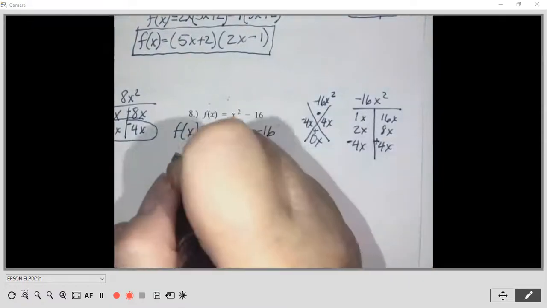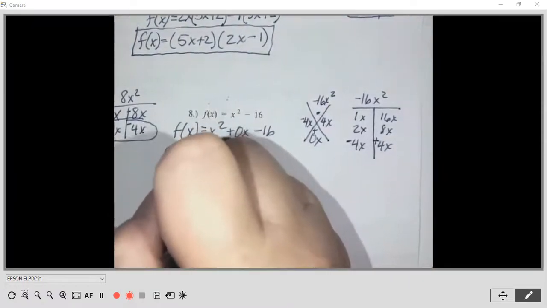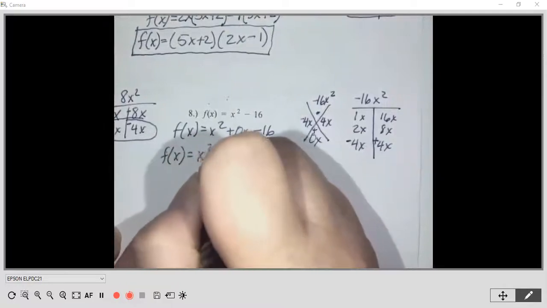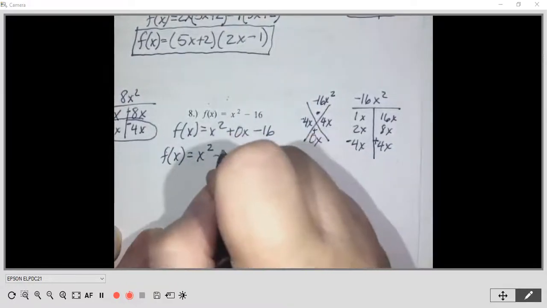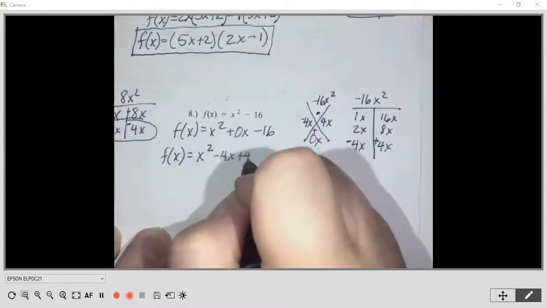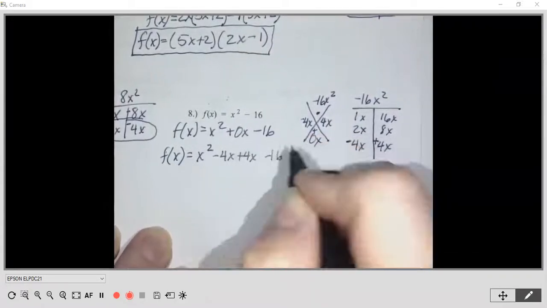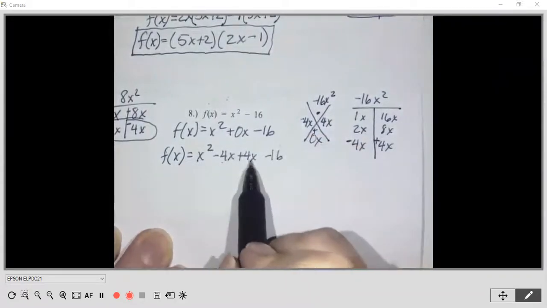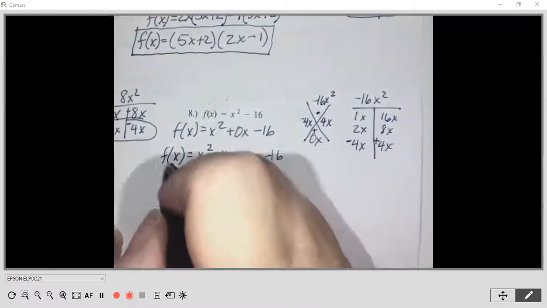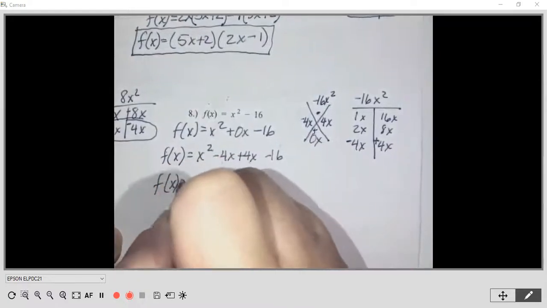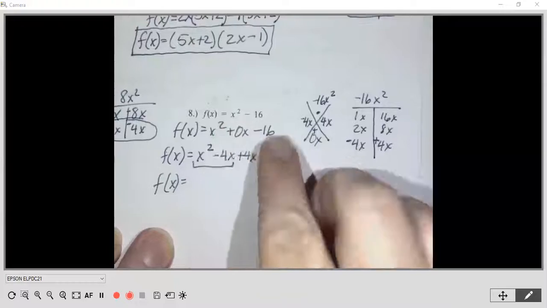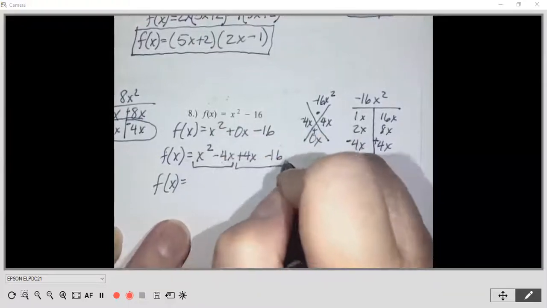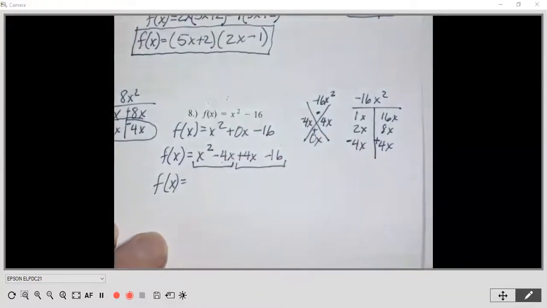Okay, so then we would have f of x equals x squared minus 4x plus 4x, and then bring down the minus 16. So you see that then negative 4x plus 4x, they add up to that 0x. So we can still factor by grouping, but you'll memorize this and you'll recognize the perfect square as soon as you have a few practice problems.